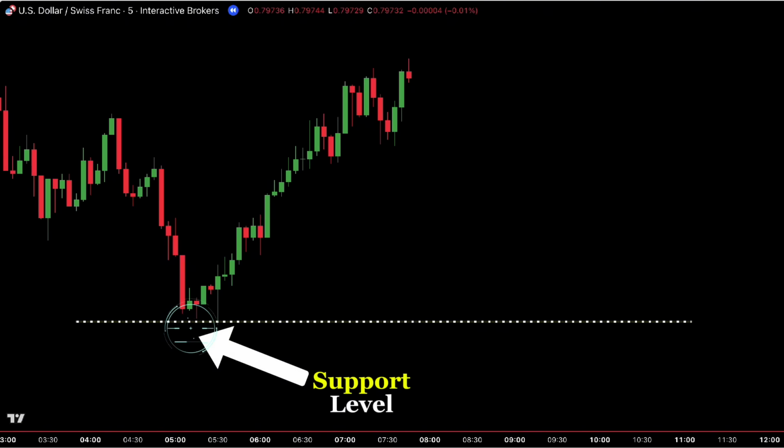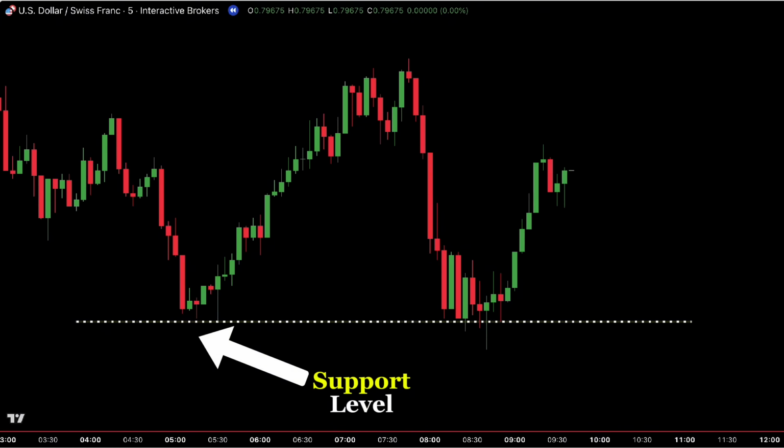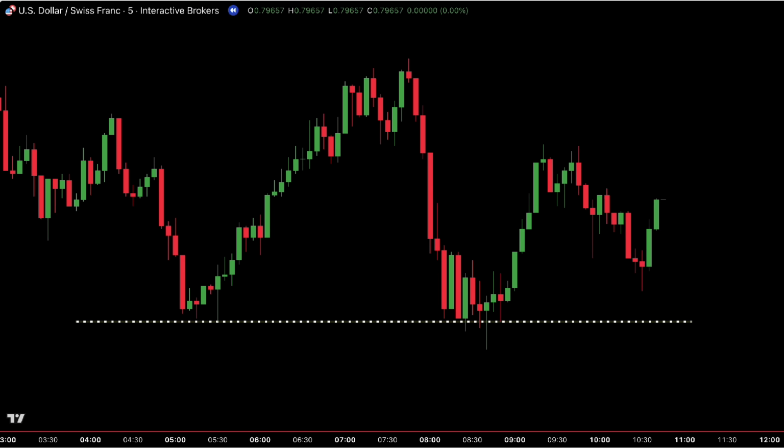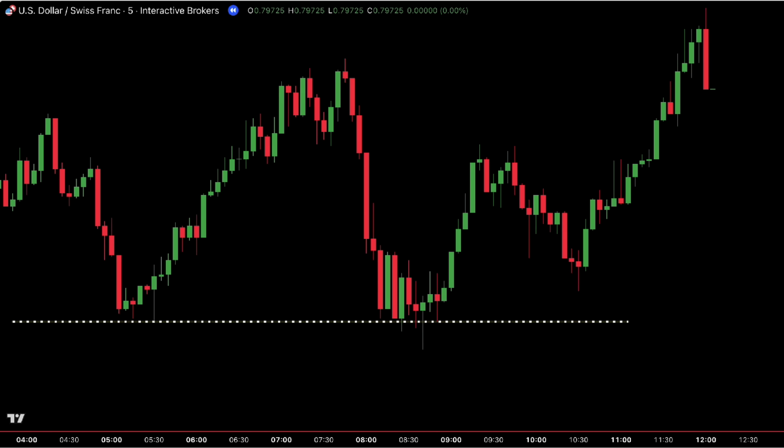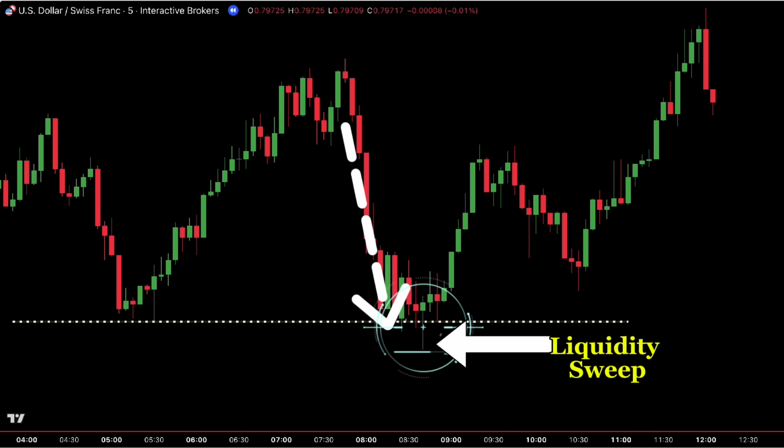Smart money often views an obvious support level like this as sell-side liquidity. They'll drive price below the line to trigger stop losses and trap traders, then reverse, a classic liquidity sweep.